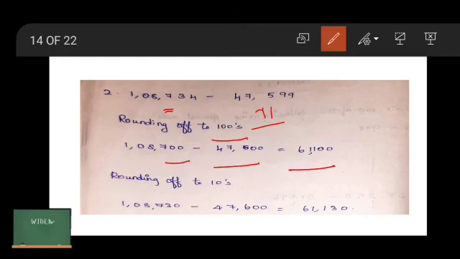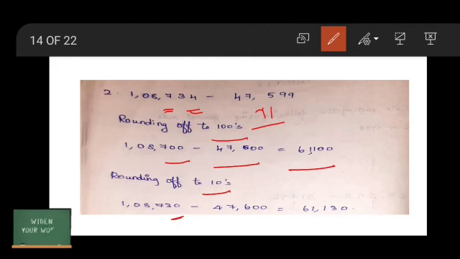so that we get 61,100. Now let's round off to the nearest tens place. For the tens place, what do we have to do? We have to check with the ones place value. In the first number, there will be no changes made up to the tens place value. We will be replacing the ones place value with 0. Whereas in the second number, 47,599, the ones place value is greater than 5.